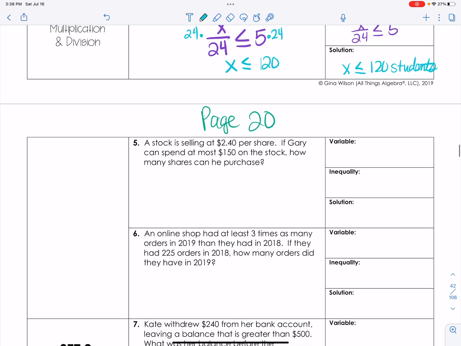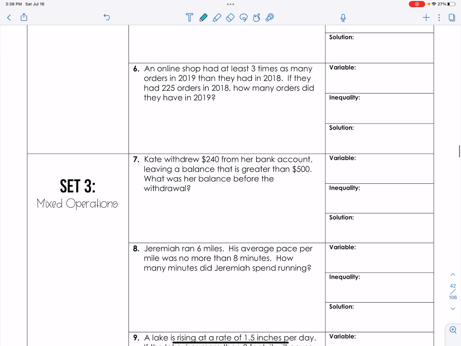All right, so let's take a look at number 6, because number 6 was kind of weird before as well. It says an online shop has at least 3 times as many orders in 2019 as they did in 2018. So it has to be more than 3. If they had 225 orders in 2018, how many orders did they have in 2019?